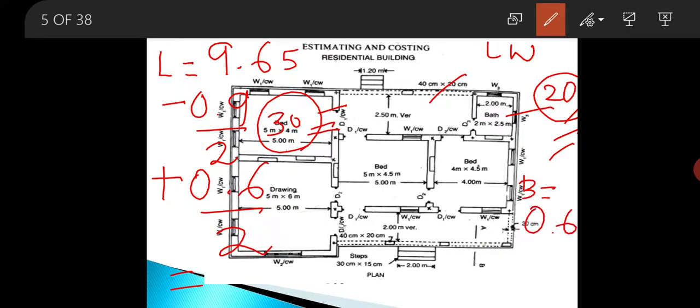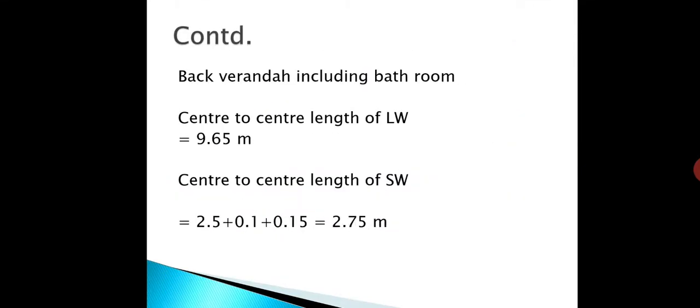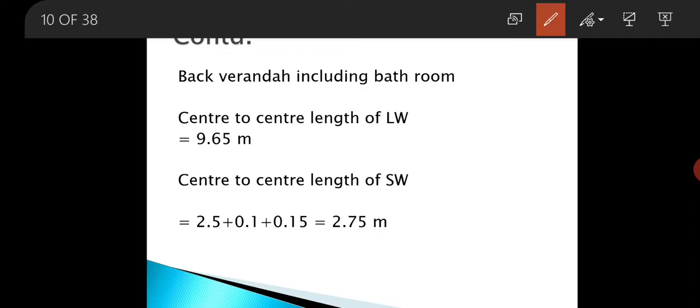Breadth of the excavation or width of the excavation is 0.6 as it is a 20 centimeter wall, and depth will be equal to 0.5. Okay, so this is the length, breadth and depth of the long wall. Now we will move to details of measurement form. See here, back veranda including bathroom, center to center length of long wall is same as your front veranda, that is 9.65 meter.